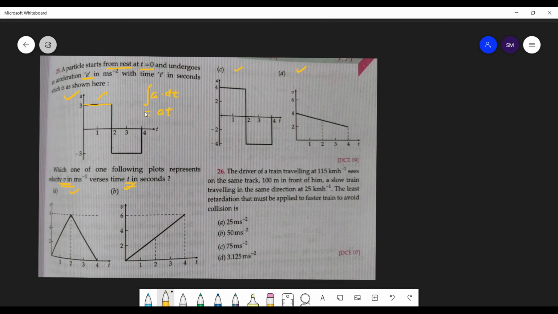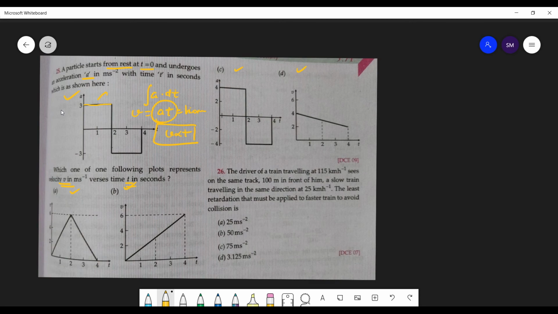You get at, that is velocity, right? So that's a linear relation. Acceleration is constant, so v is directly proportional to t. So that's a linear relation, meaning degree 1, while here the degree is 0.